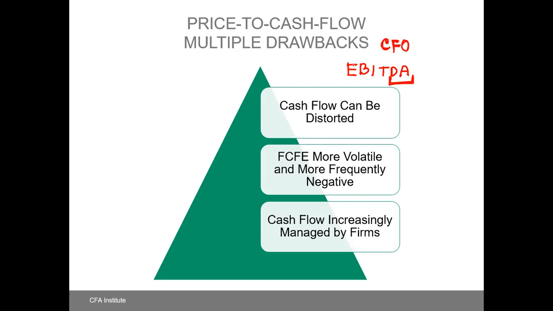But sometimes this cash flow from operations is likely to be less reliable if the firm practices aggressive revenue recognition. If the firm practices aggressive revenue recognition or aggressive revenue practices, it is likely that the cash flow number is distorted.